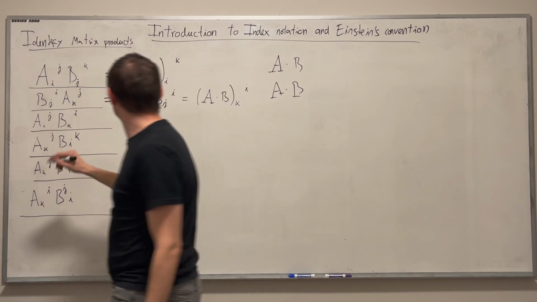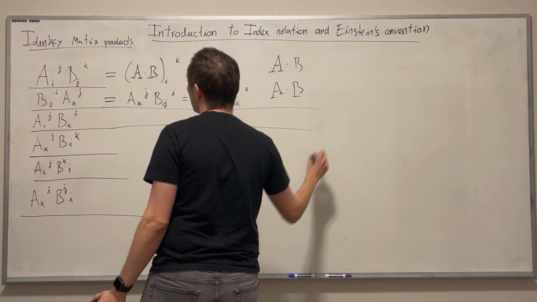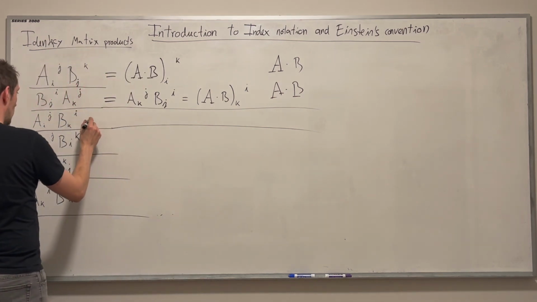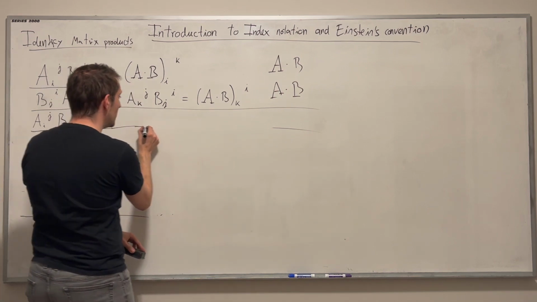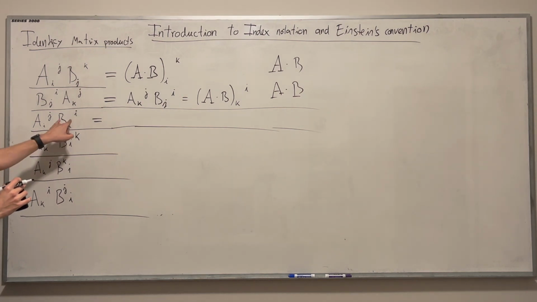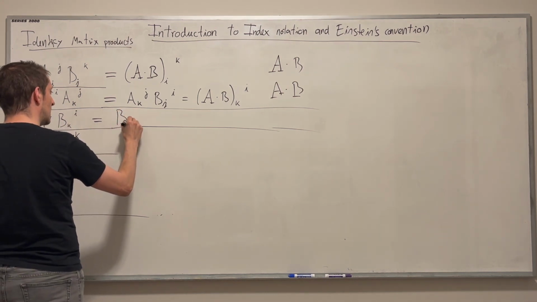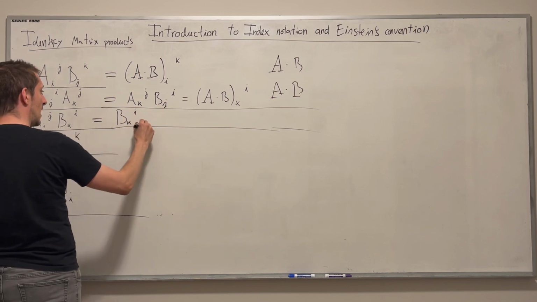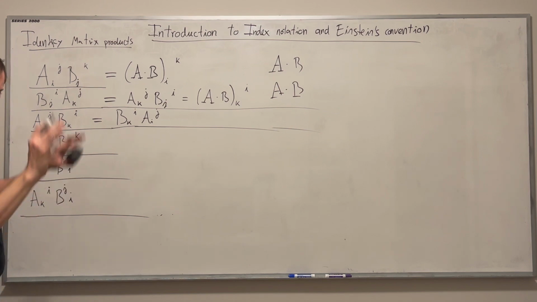What about this one? Okay, let me make the line longer, like that. What about this one? Well, here we need to work a bit more, okay? The repeated index here is I, and what I want is the second index of the first one, the one that's going to contract, I'm going to put it first, so B K I, and then A I J. Oh, I didn't have to work that much, now it is in the canonical form.